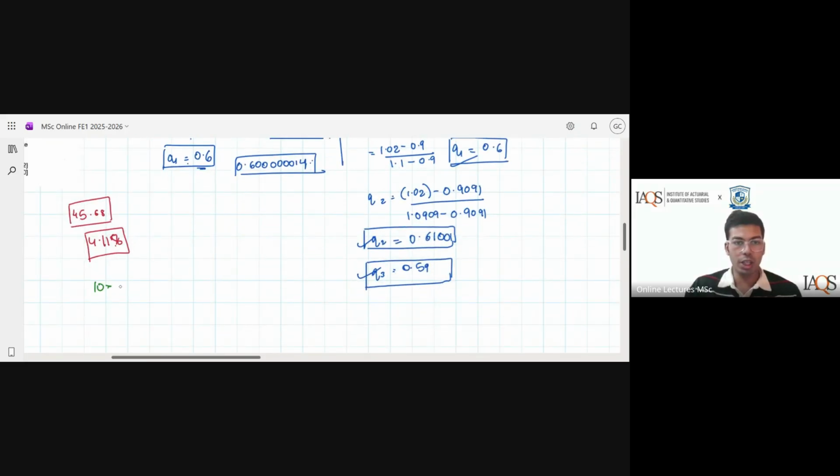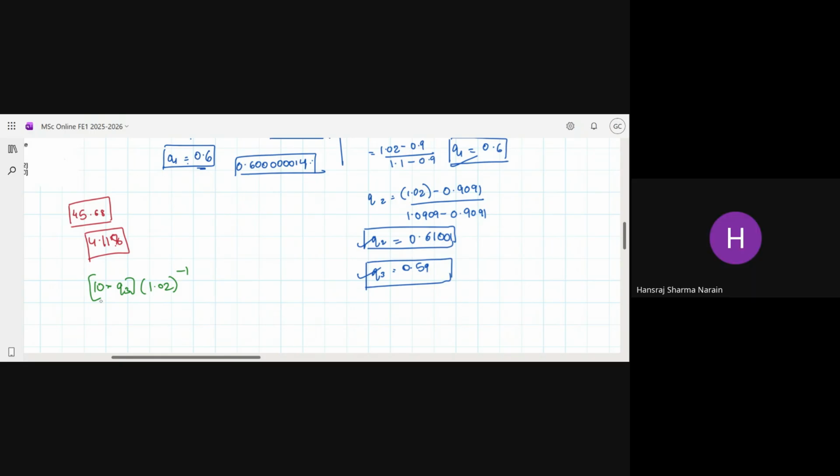So you'll ideally do 10 into Q3 into 1.02 raised to minus 1. This gives the value 5.78. This is different. Okay, let me check.